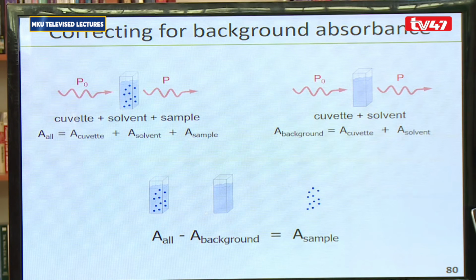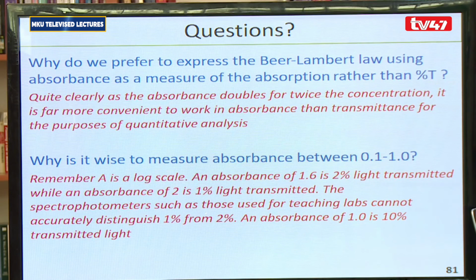Then you exclude the sample, meaning you only measure now the absorbance of the cuvette and the absorbance of the solvent. And here now you get the absorbance of the blank. If you subtract the two, then that will give you the corrected absorbance that is resulting from the sample, and we are good. So it's always important for us to do the background absorbance correction so that you can correct for any background absorbance that you are not likely to account for.